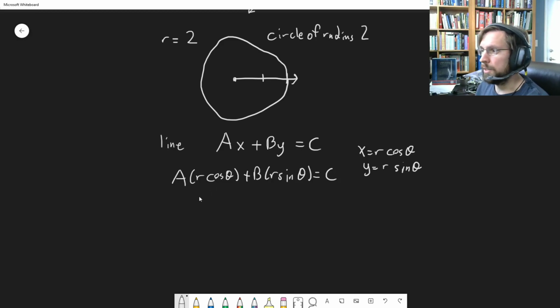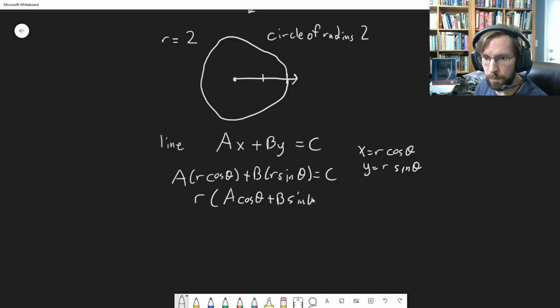But as I said right at the beginning, we always want to think about this as r equaling a function of theta. So we can factor out an r from everything on the left-hand side. So we get r times a cosine theta plus b sine theta is equal to c.